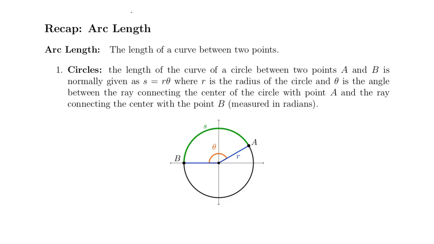And we have this nice formula where we sometimes represent arc length with s, and we just call it r theta, where r is the radius of the circle, and theta is this angle right here, measured in radians. The nice definition of a radian is that it basically gives us this arc length formula for free. So maybe this is something that you remember. This works for nice circular shapes like this.